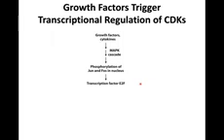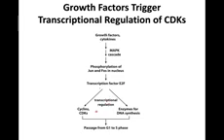E2F, when activated, initiates the transcription of cyclin and cyclin-dependent kinases, and also enzymes for DNA synthesis. As a result of this, the cell enters the passage from G1 to S phase. And this is how growth factors and cytokines regulate cyclin-dependent kinase activity. In this case, it controls the synthesis of cyclins and cyclin-dependent kinases via transcriptional regulation through the transcription factor E2F.